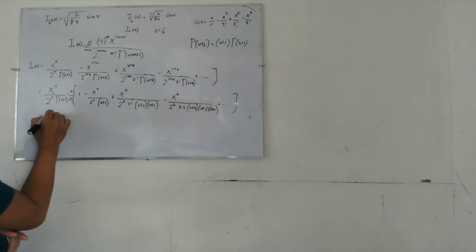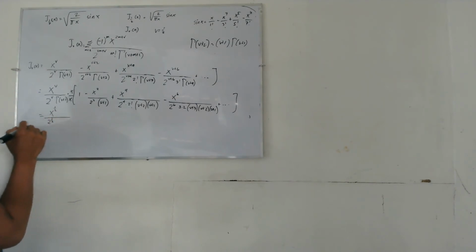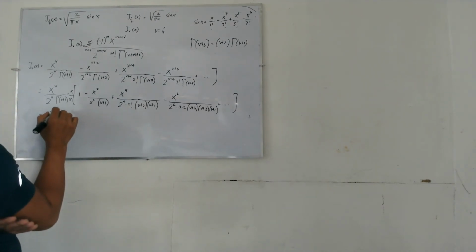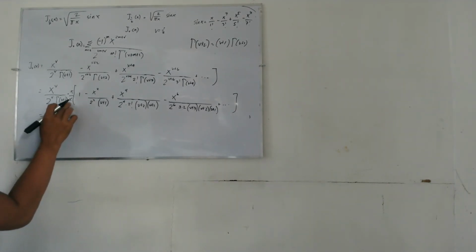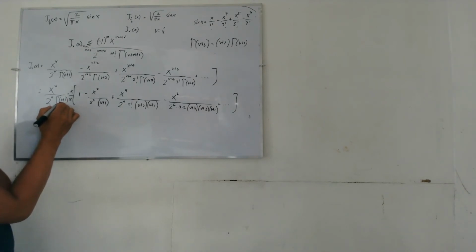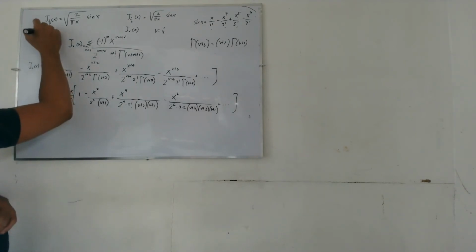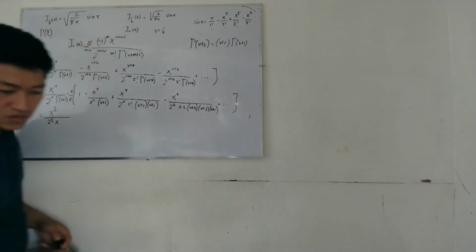So mahimo na ning x to the 1 half 2 to the 1 half times ang x nimo times x gamma of 1 half plus 1 is gamma of 3 over 2 is itong gamma of 3 over 2.